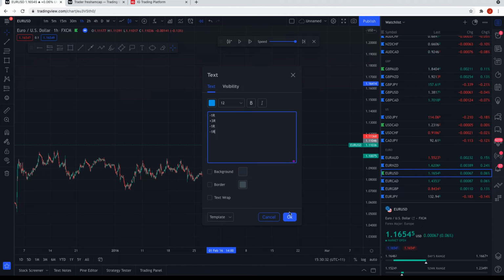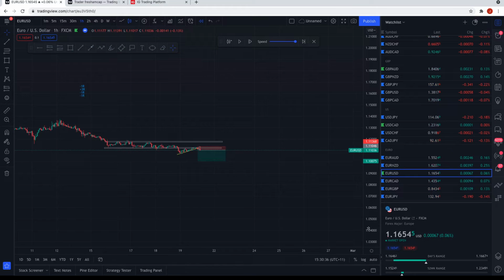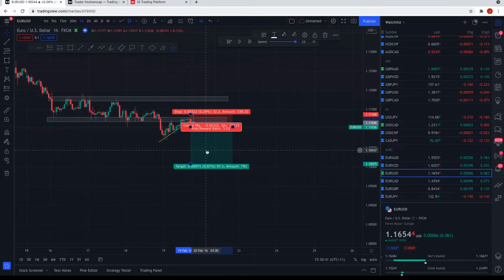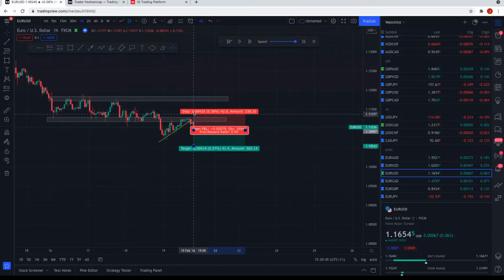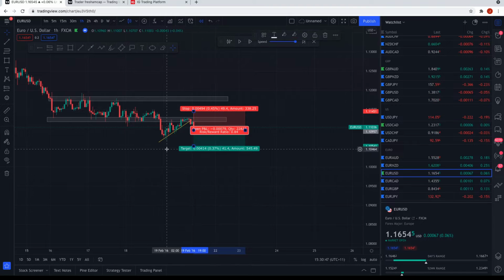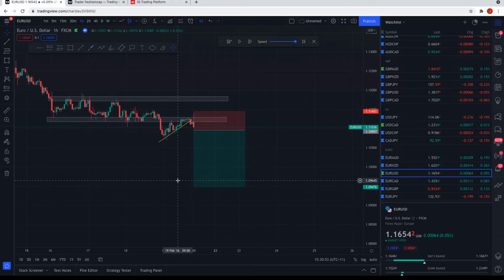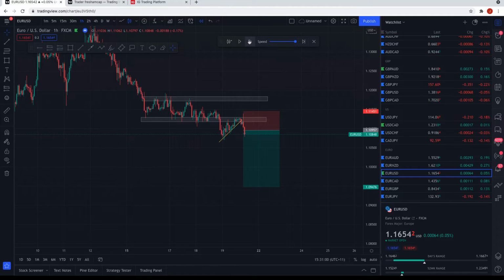But I think I might re-enter here because I still think it is a good setup. It's just so unfortunate that that wick is there. Okay, so we're going to re-enter because I still think we have this really nice setup. So we can see price consolidating, break below, retest, reject. There we go.